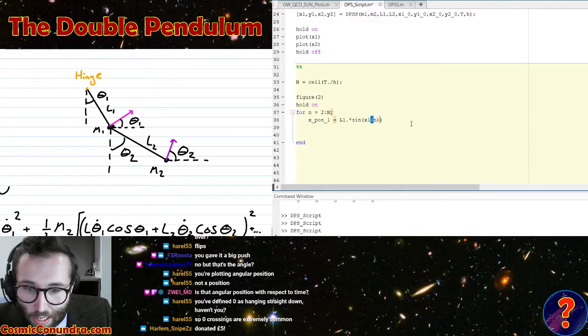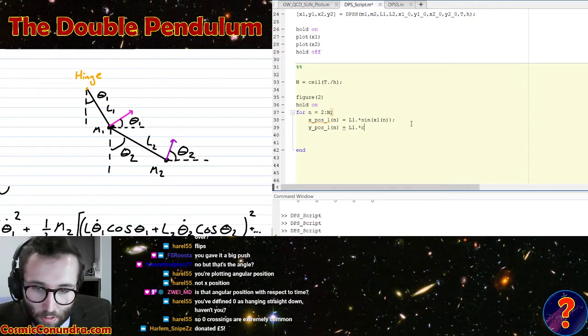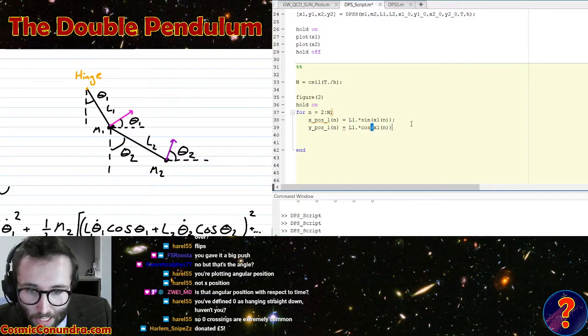And also, I should label these with an index n because I'm trying to fill out another matrix for the nth position in this matrix. So that is the x position of the first particle, then the y position of the first particle at the nth time interval will be given by L1 times cosine of θ1 at that particular time interval.